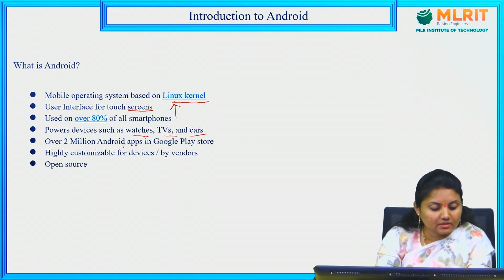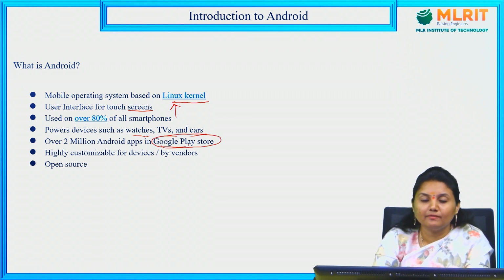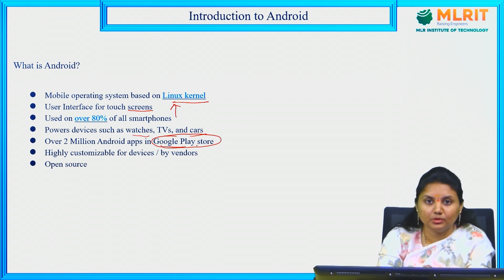Then there are over 2 million Android applications in the Google Play Store. So what is the Google Play Store? It's a store where you will have all the applications that are required to download. Whatever you want for gaming, for software applications, or any app which is developed and released into the market, can be directly downloaded from the Google Play Store.